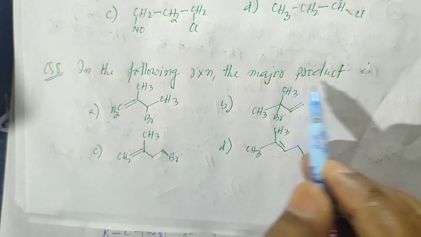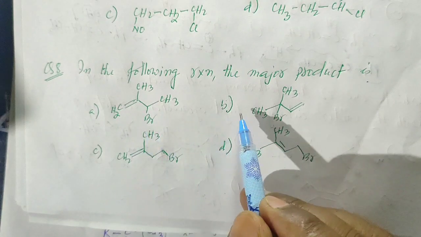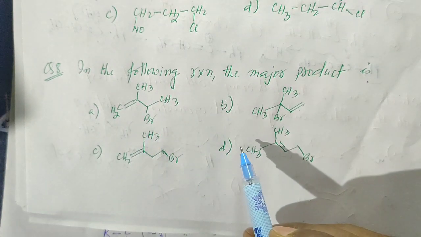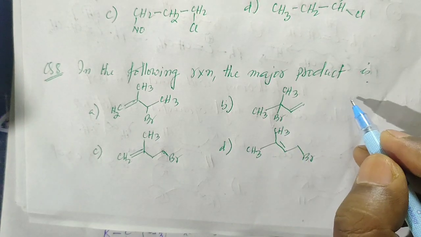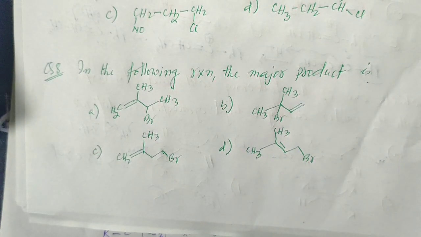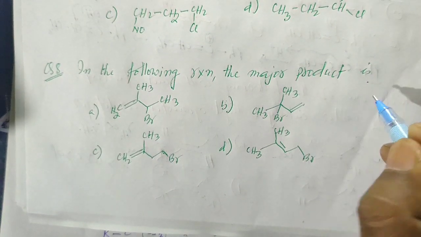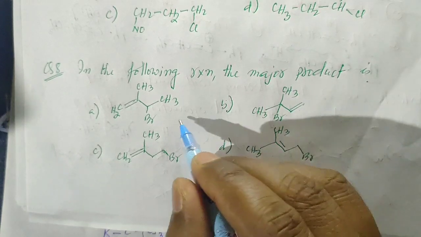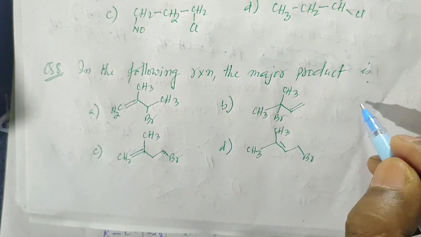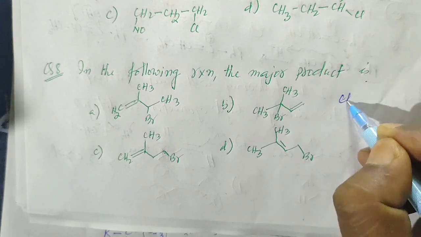In the following reaction, the major product is O. The question part is missing here. Let me check the question here. This is from some app. Actually, I have written this question from some app, but let me write the question.